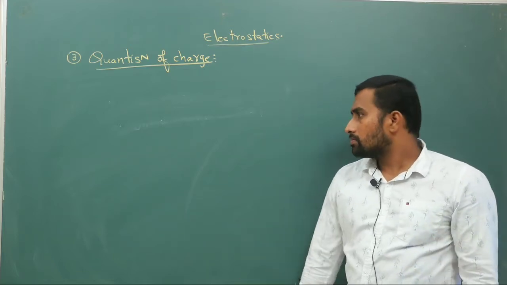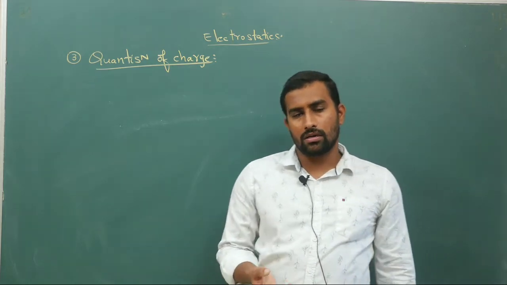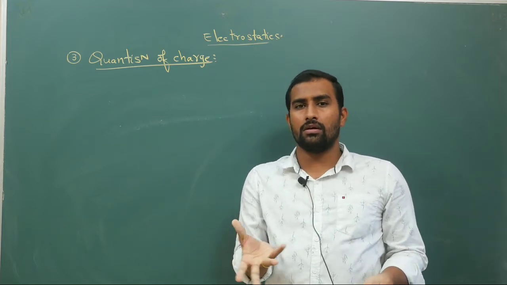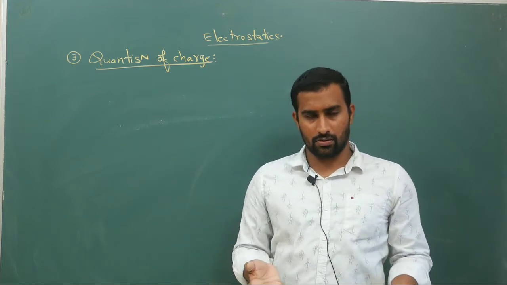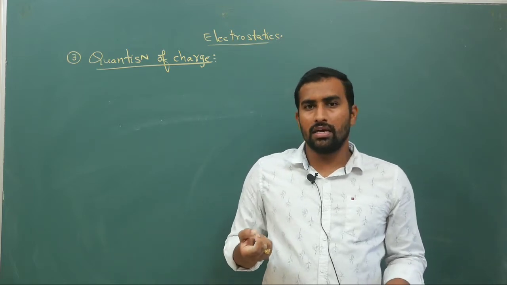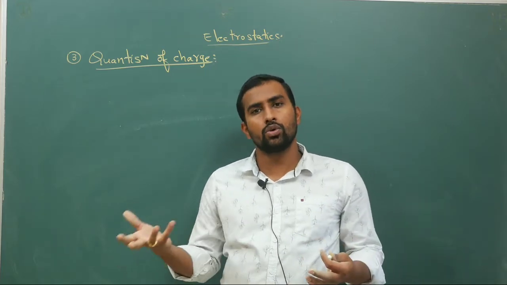Now first of all, if you look at the electrons, you can remove one electron, you cannot remove half an electron or 1/3 electron, something like that. From atoms or bodies, you can remove a complete electron. You cannot cut the electron into two parts.